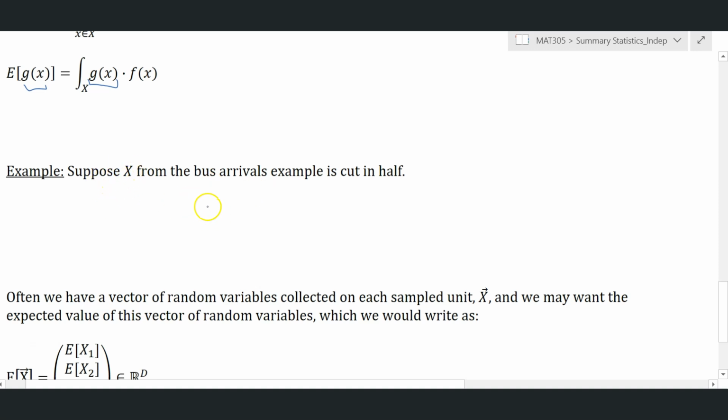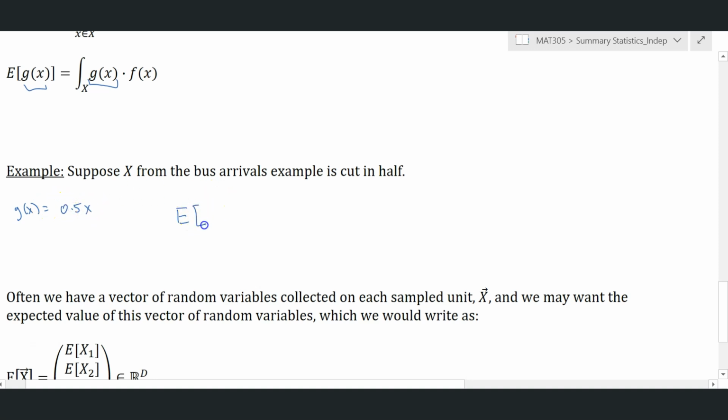So if x is the random variable, in this case g of x would equal twice x. I'm sorry, not twice x, half x. It would be half the time, it would be twice as fast. Half of x.